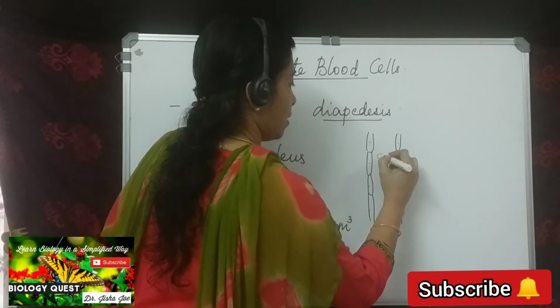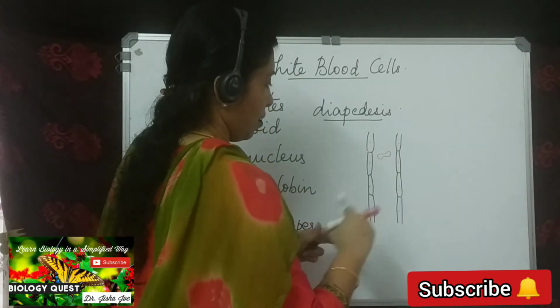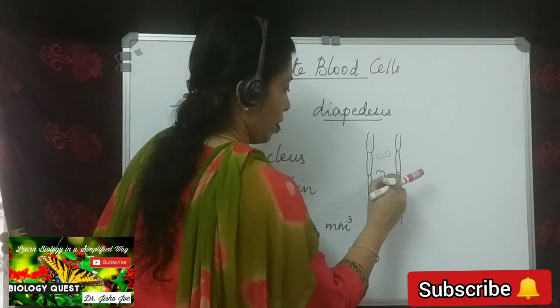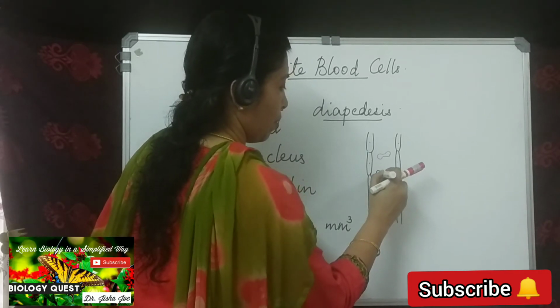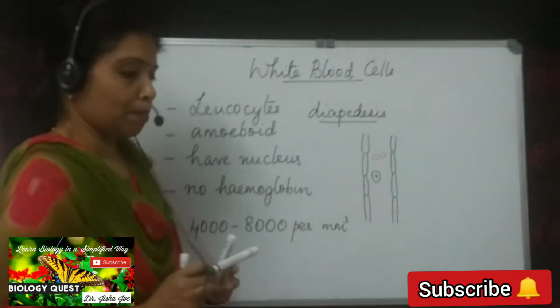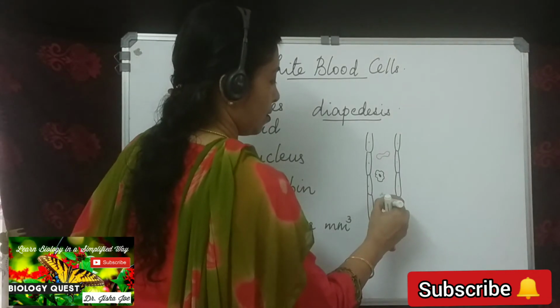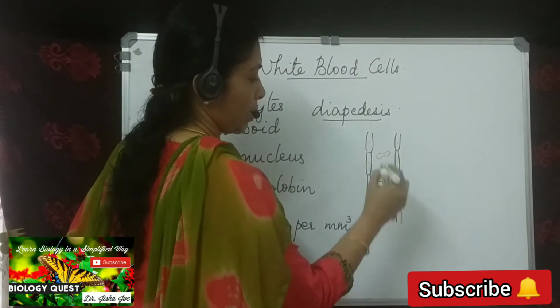So that is the RBC I am drawing there. That is the WBC I am drawing there. We know WBCs are amoeboid in shape, they have the nucleus, and we can also show the plasma there. That is the plasma, that is the platelets there, which I have marked in green.